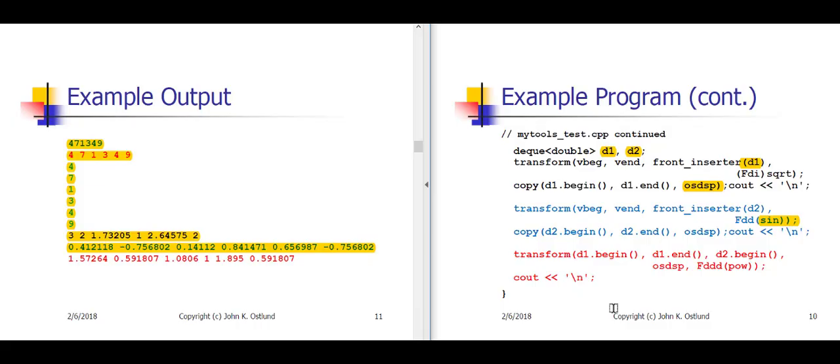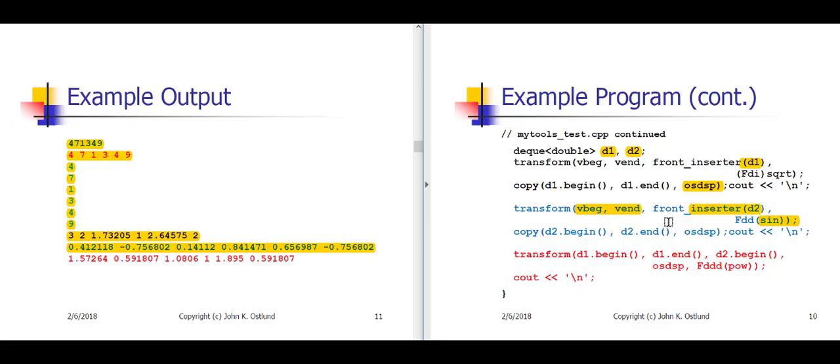Now here in the bottom of slide 10, we're sneaking in a different version of transform. The version of transform that we've been using up to now takes one input range and an output iterator. In our case, we're using a front inserter as our output iterator.